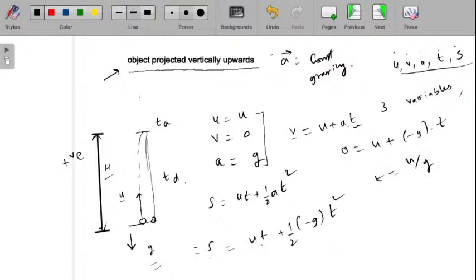Now if I substitute, I get u into u by g plus half into minus g into t, which is u by g whole square. So this would turn out to be u square by g, then minus g u square by 2g square.